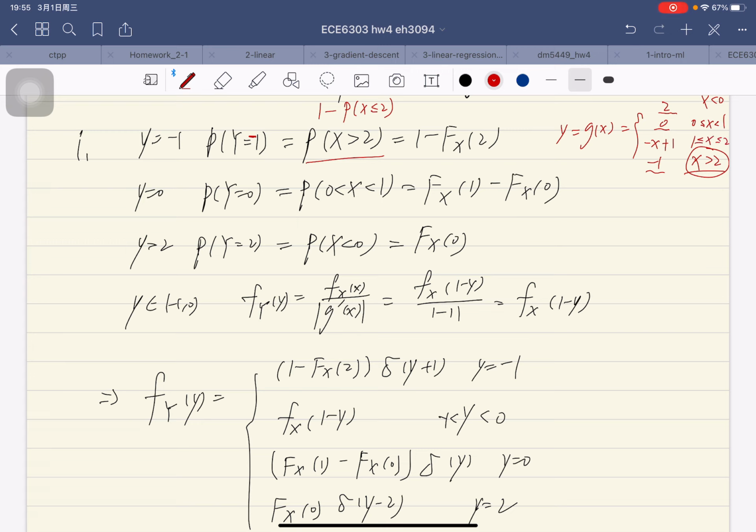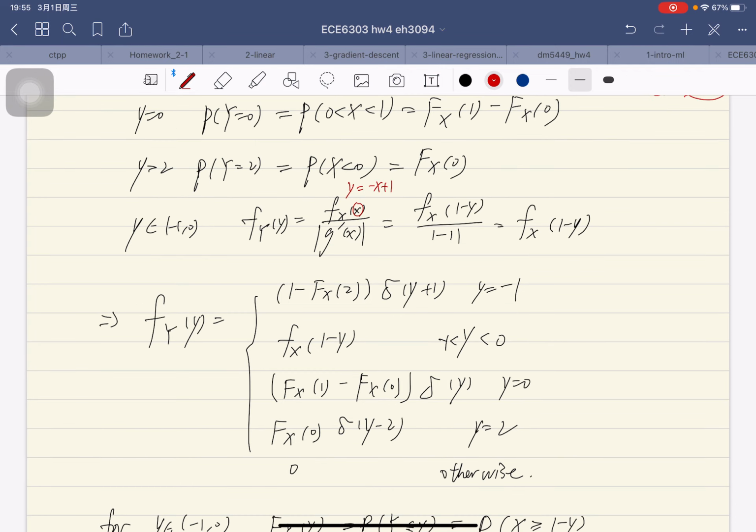So the derivative of g(x) should be -1, and x equals 1 minus y, because y equals minus x plus 1 here. So we will have the probability density function of fy in -1 to 0 equal to small fx(1 minus y).